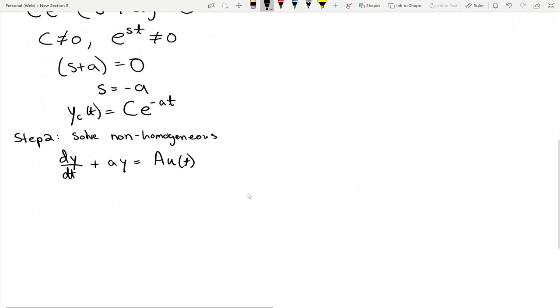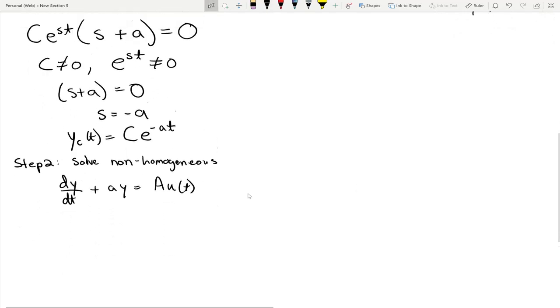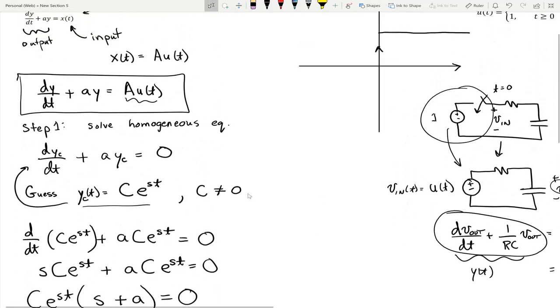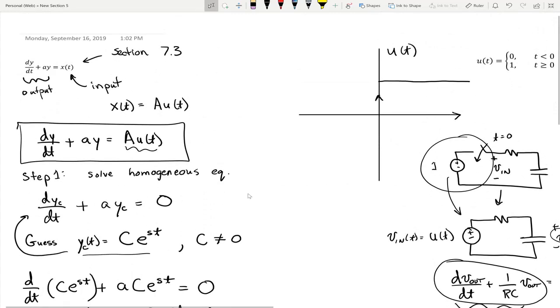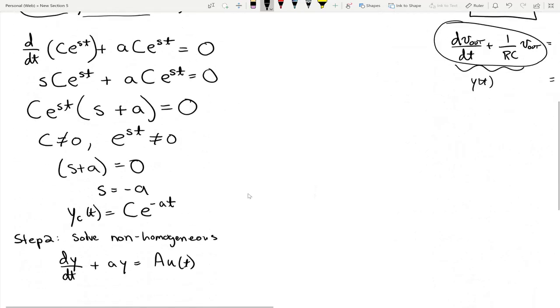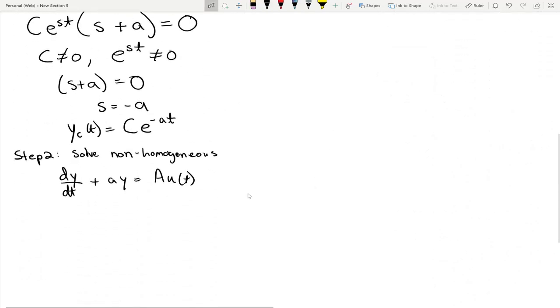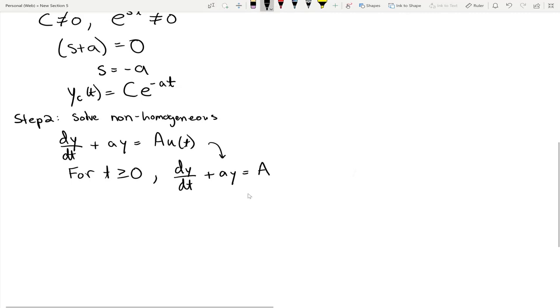I'm only interested in solving this for the range over which it has an input. The unit step function is 0 before t equal to 0, so for t greater than or equal to 0, this equation is dy by dt plus ay equal to A. Essentially I'm just plugging in that definition.